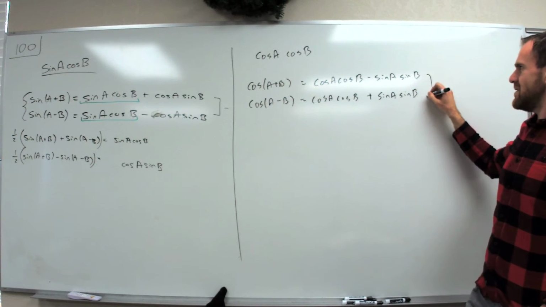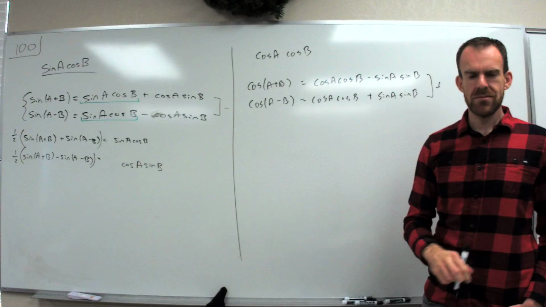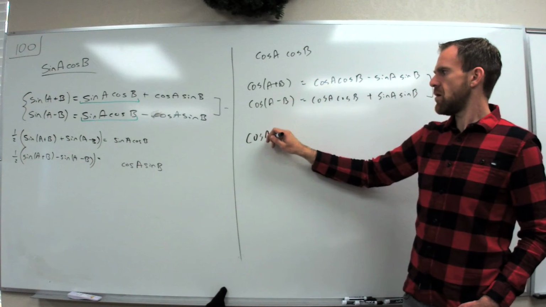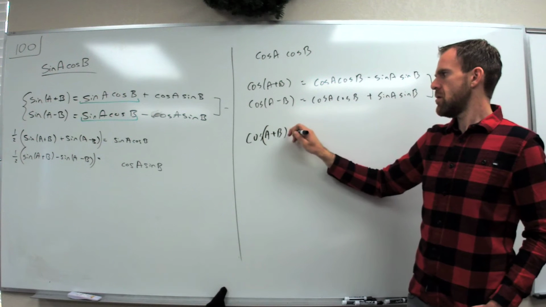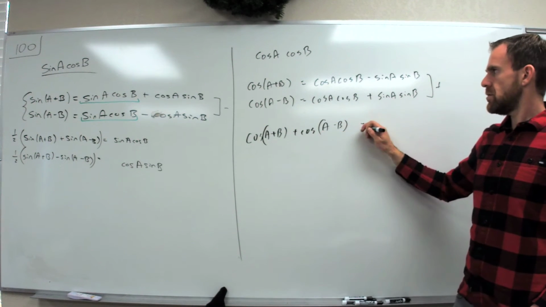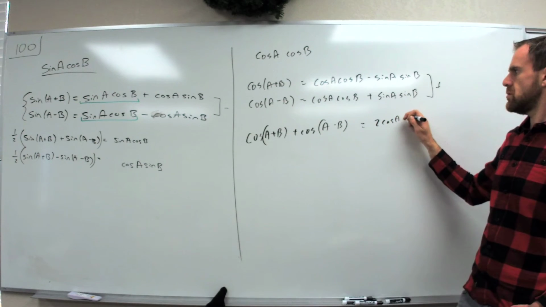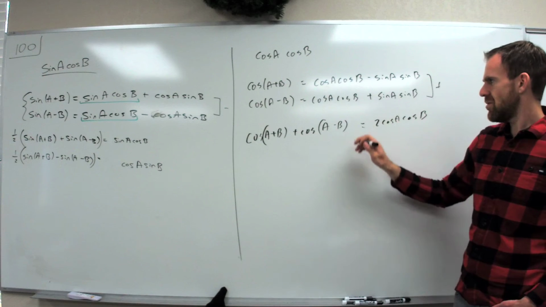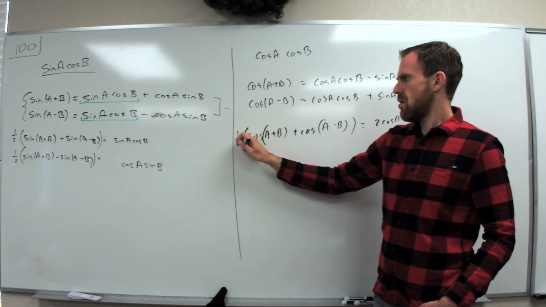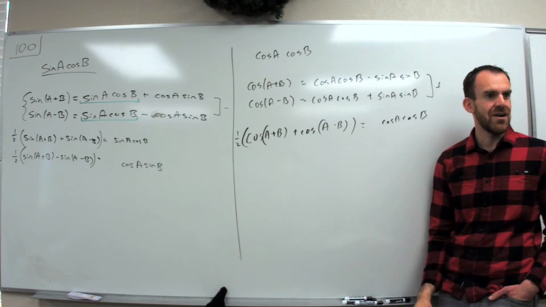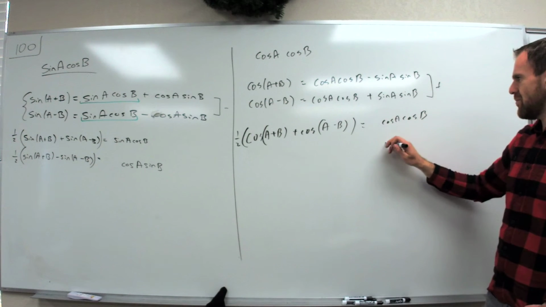So if I add these two, I get that one. If I divide both sides by 2, I have that identity. How do I get sine A, sine B?